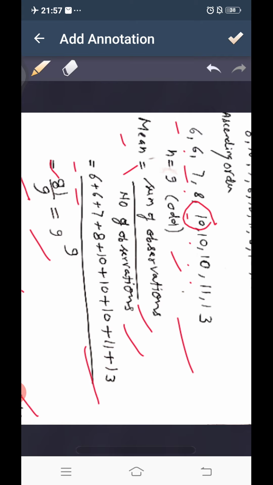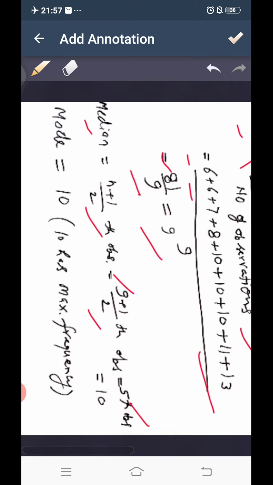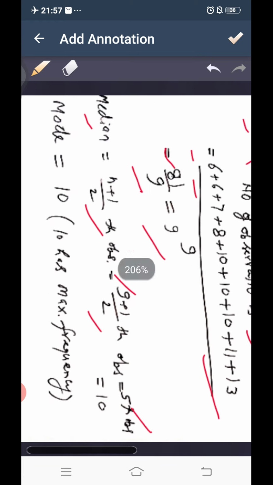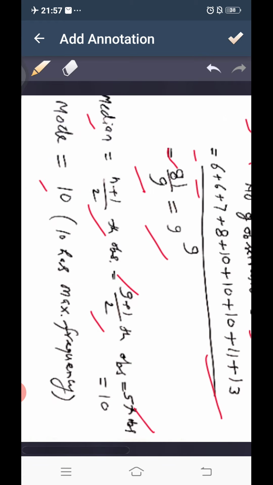So median of this data is 10. Now in these observations we can see that 10 has maximum frequency. 10 is 3 times, so that has maximum frequency. Therefore mode of the data is 10.